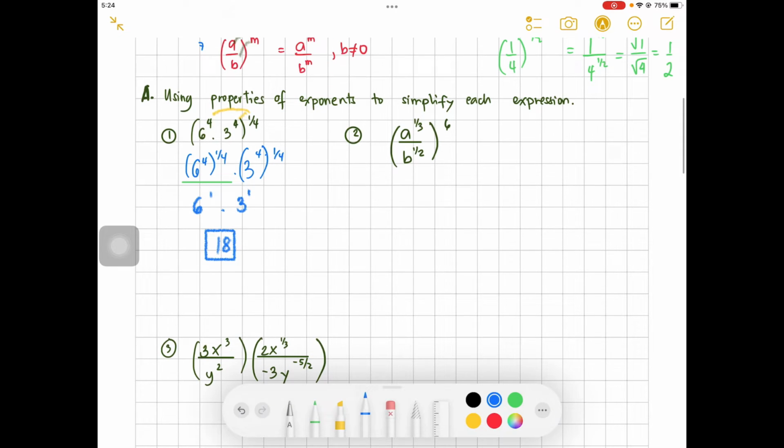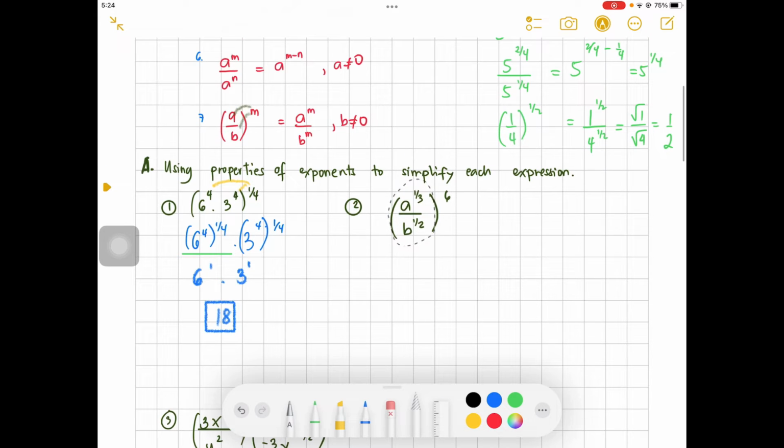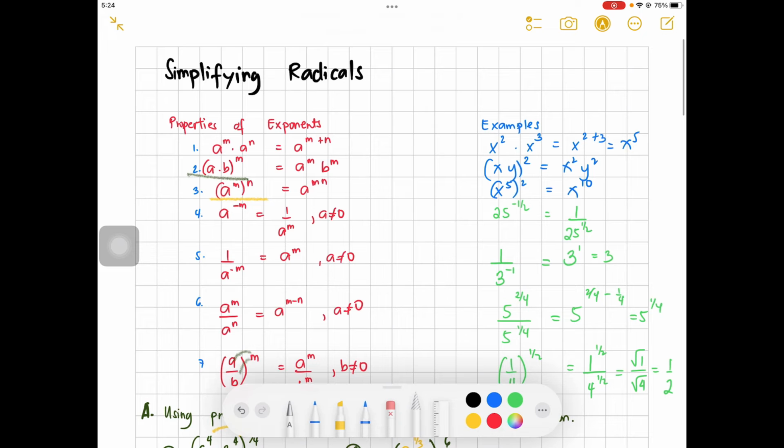Example number 2. So we have here a quotient, a raised to 1/3 over b raised to 1/2, and then raised to 6. We're going to apply this property. So a raised to 1/3 raised to 6 all over b raised to 1/2 raised to 6. And then we're going to apply again this property.